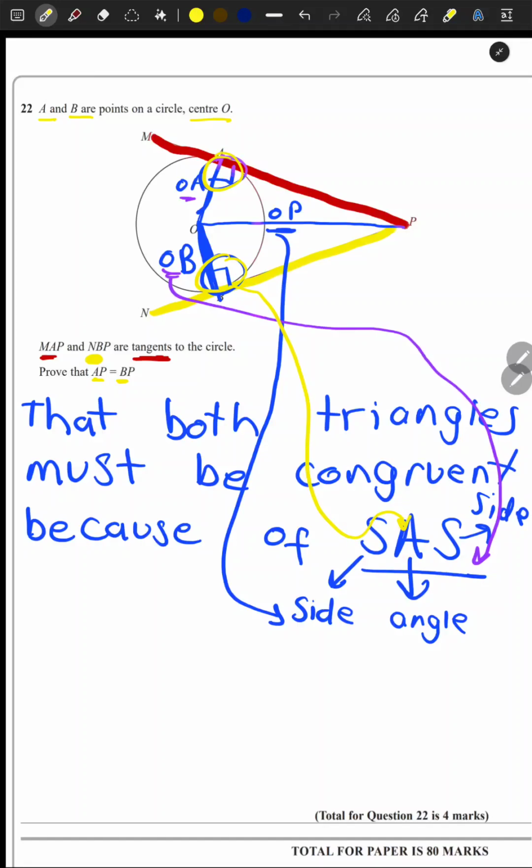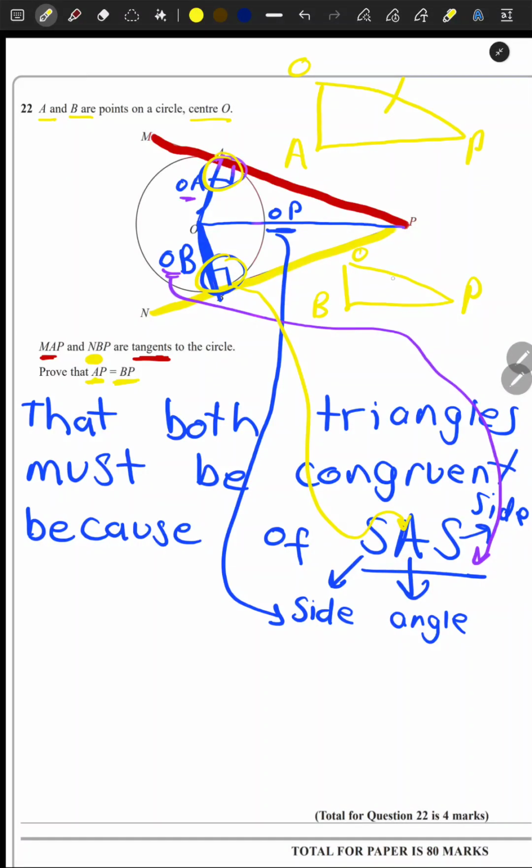Going back to the question, it's asking us to prove that AP and BP are equal. Triangle OAP and triangle OBP are congruent. What does congruent mean?